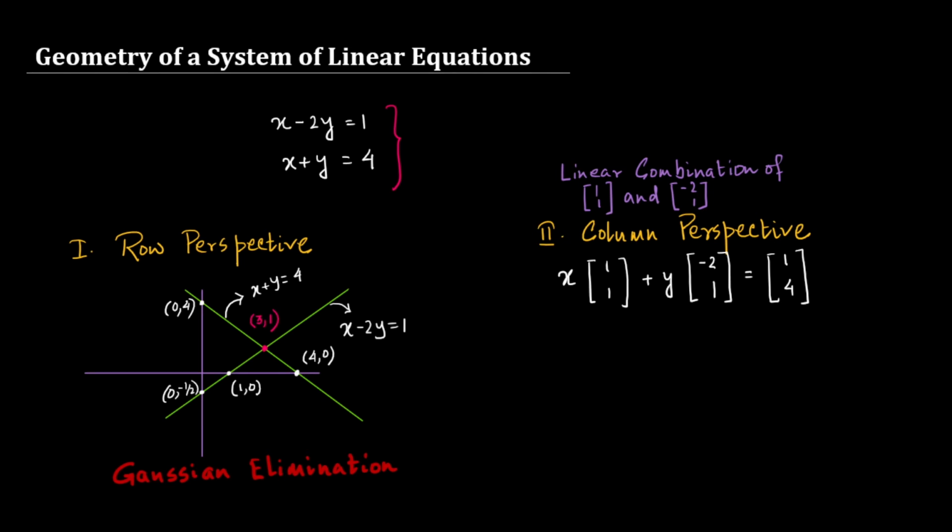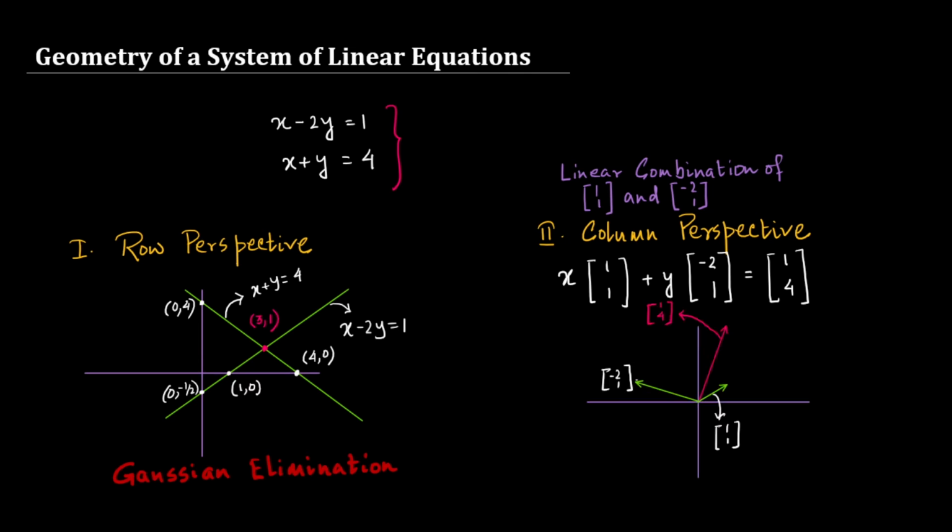That means each of the linear combinations for specific values of x and y will represent a vector in the same plane. So the question can be rephrased as which linear combination of the two vectors 1, 1 and minus 2, 1 will yield the vector 1, 4.